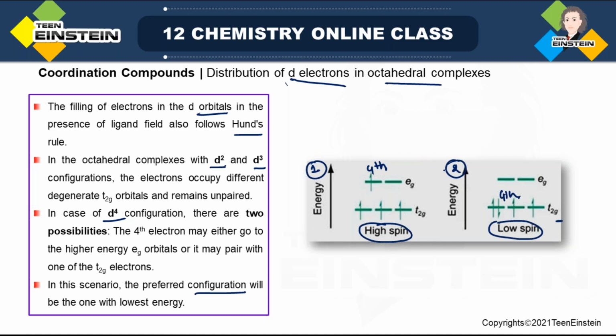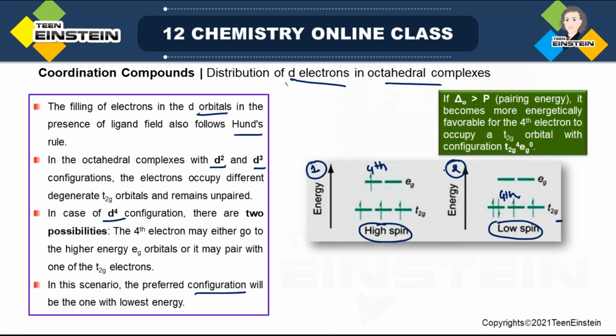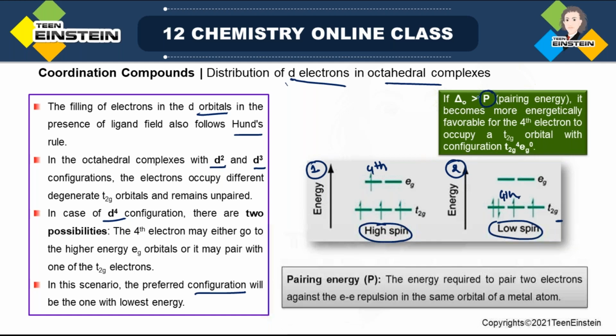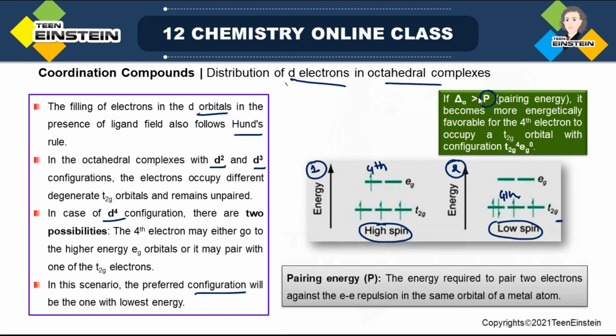How do we know whether 1 or 2 will happen? It depends on delta O and pairing energy. P is the pairing energy. Look at the definition: it is the energy required to pair 2 electrons, overcoming the electron-electron repulsion, in the same orbital of a metal.